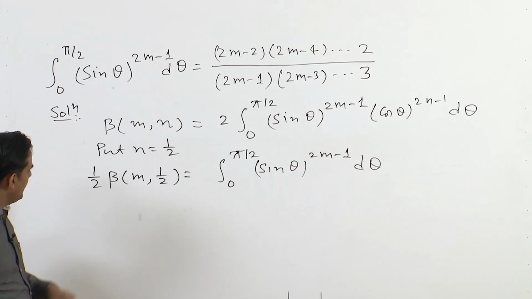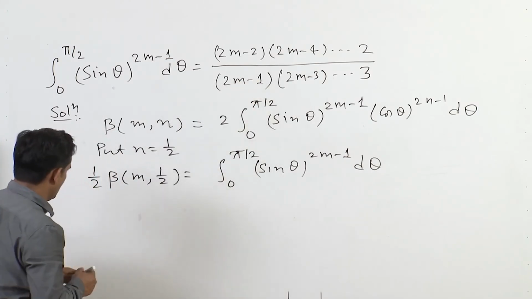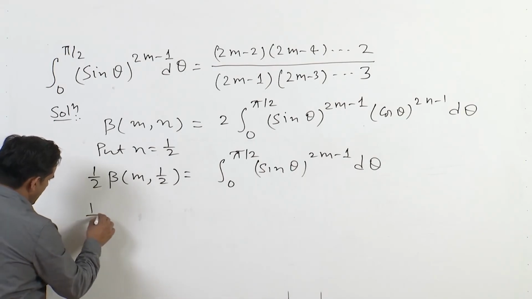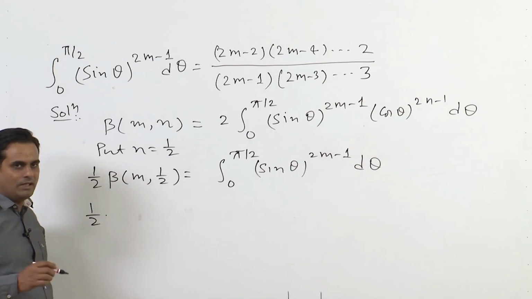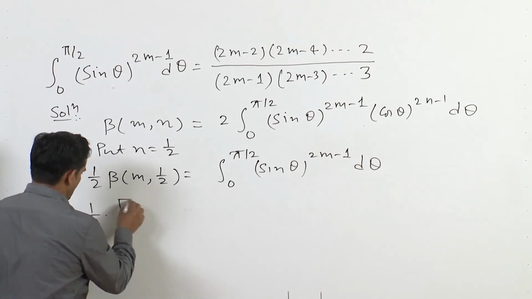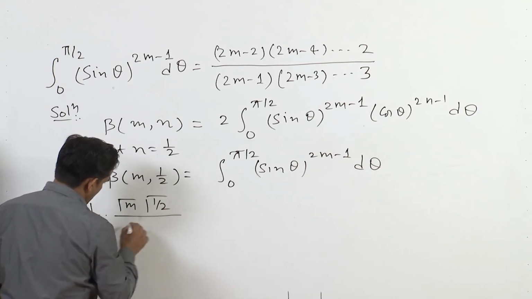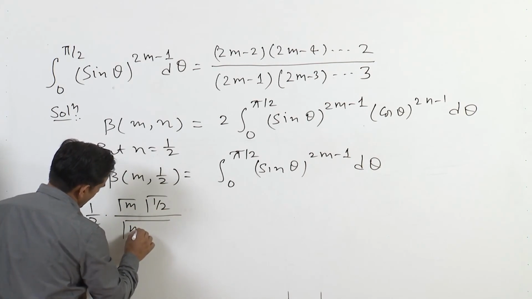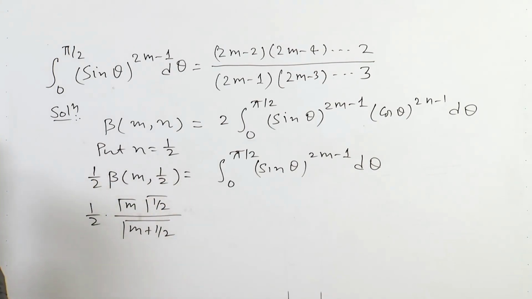Now, we have to prove that this particular value equals this one. So, let us try to expand it. 1 by 2 into beta m, half will become gamma m, gamma half upon gamma m plus half. Here m is a positive integer.